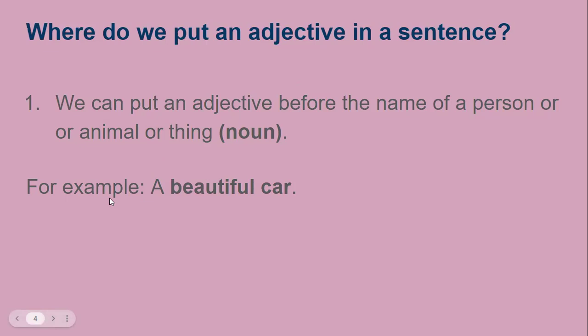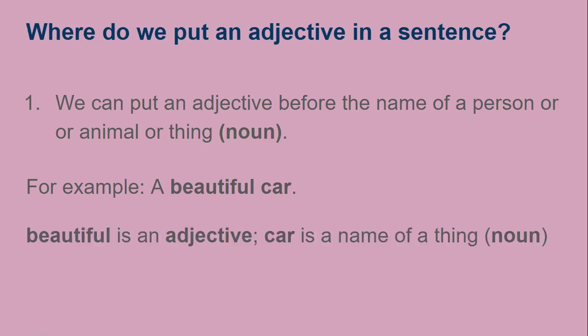For example, a beautiful car. This is the sentence. It has an adjective and a noun. Beautiful is an adjective. Car is a name of a thing, and it's a noun.